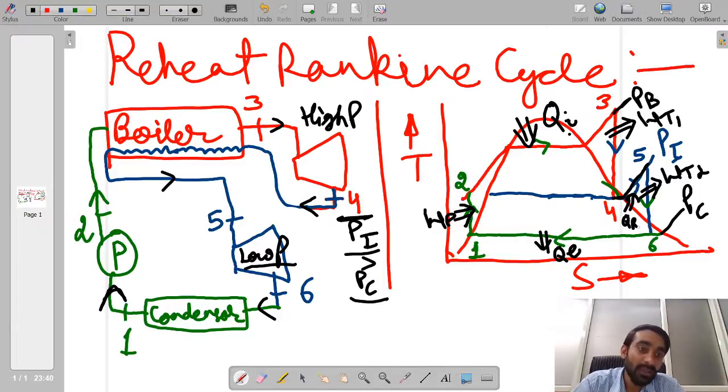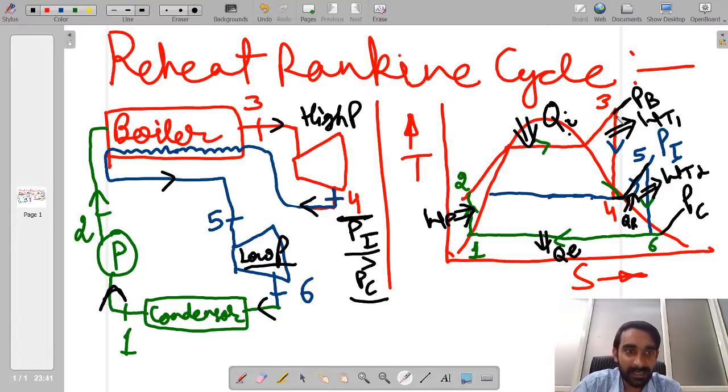Now if you see, in our actual cycle, what was the heating process? The heating process was from state number 2 to state number 3, so over here we have a certain value of the mean temperature of heat addition.